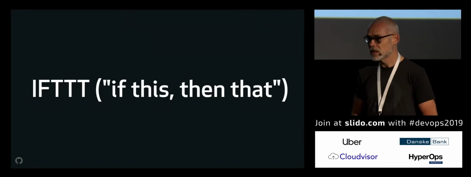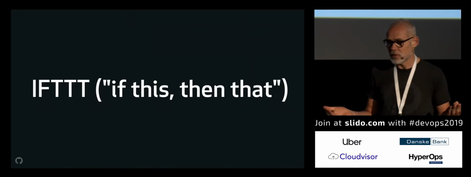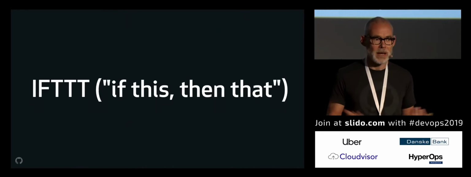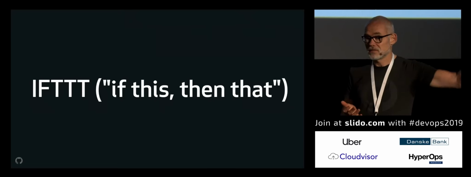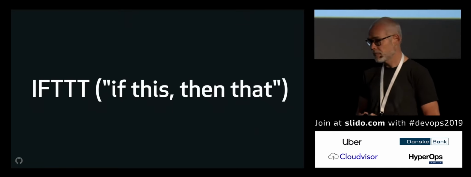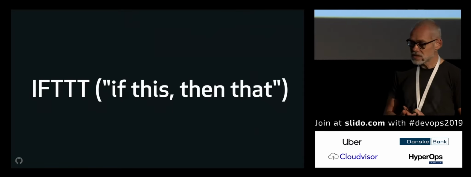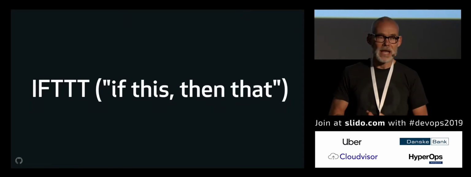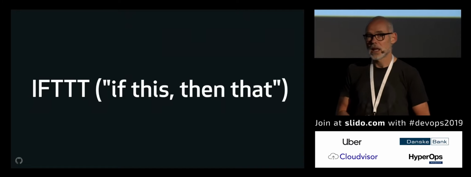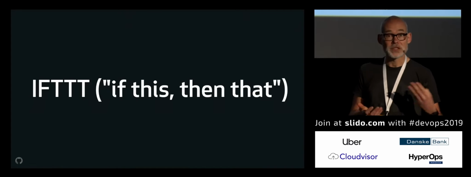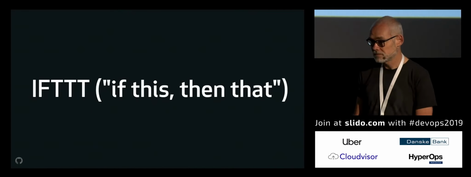Take, for example, a service where if you post something on Instagram, you want this event to trigger an action that posts something on Twitter. That is a similar way of how we implemented actions. There are events on the GitHub platform, and you can use those events as a trigger to automate something.